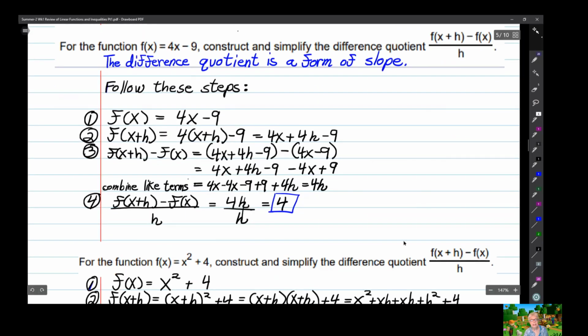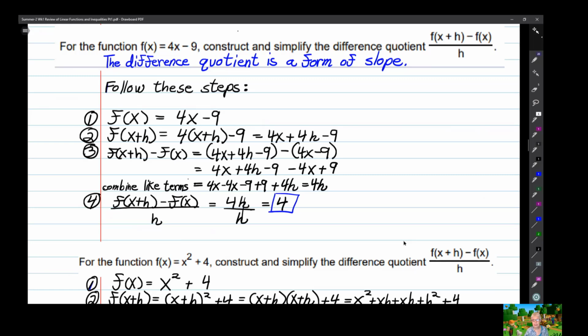Here's something completely new. Remember I said that this week I have peppered in a little bit of college algebra. This is another way to calculate slope. And you use this with functions that are not linear functions.